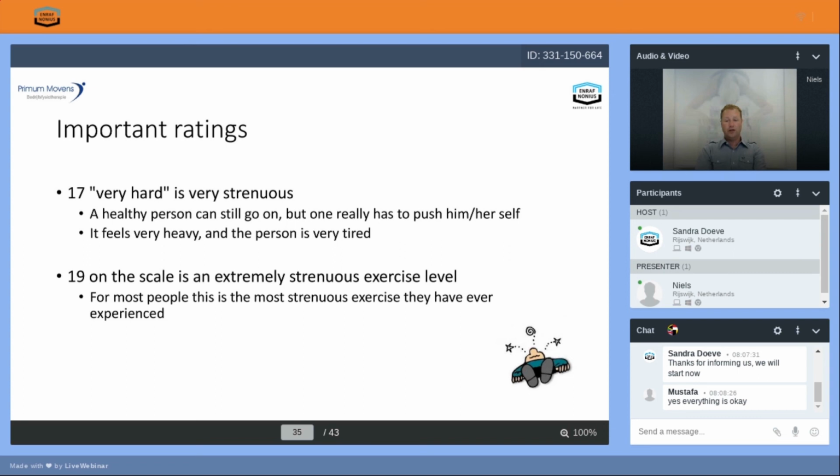It's when people are close to blacking out and just dropping down on the floor, like the picture on the right. Most patients have never reached these levels because it feels uncomfortable and your body is giving you signals and signs already before that you should stop because it's way too intense.